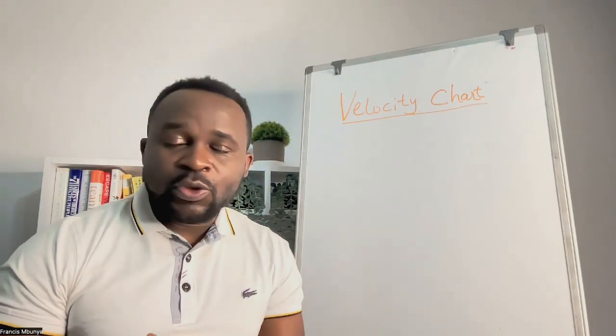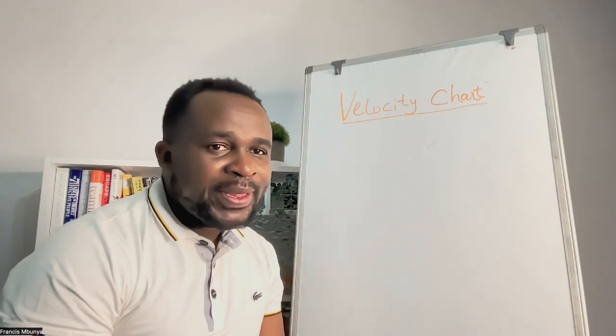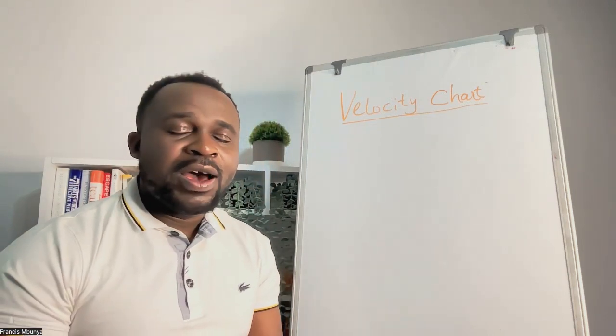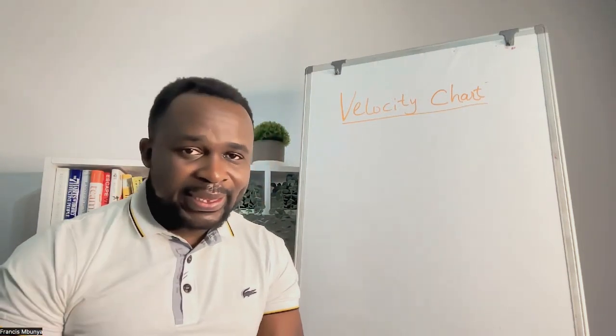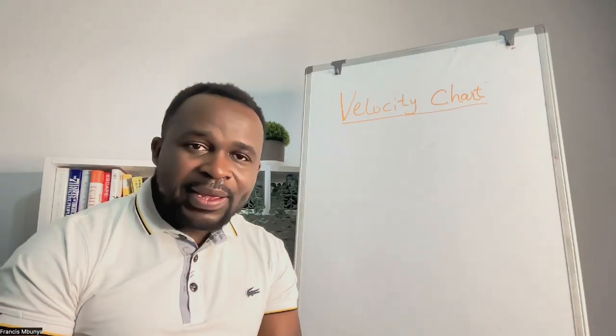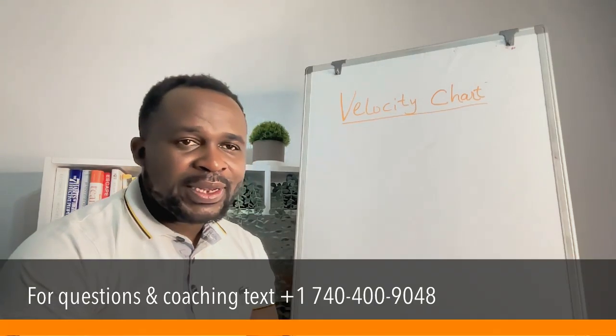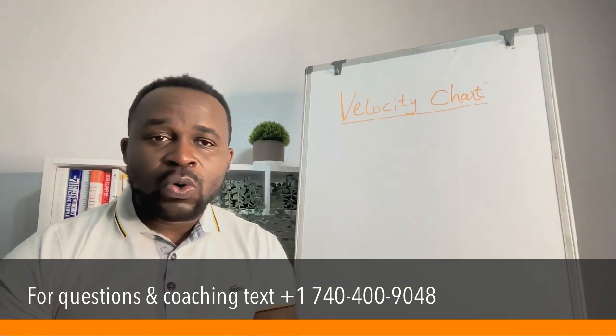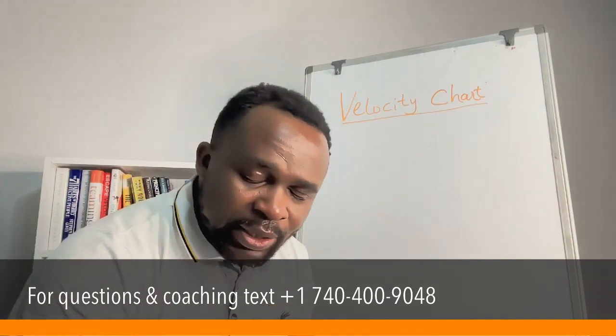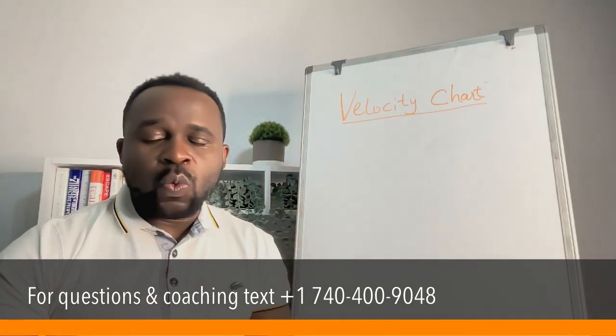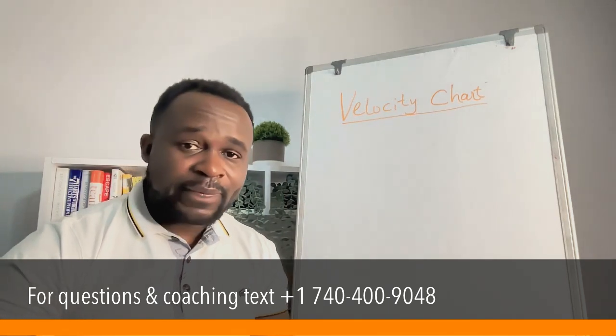How can you help your team improve on their velocity? All of these questions can be answered by leveraging your knowledge on how to interpret the velocity chart. So, what is the velocity chart in the first place?